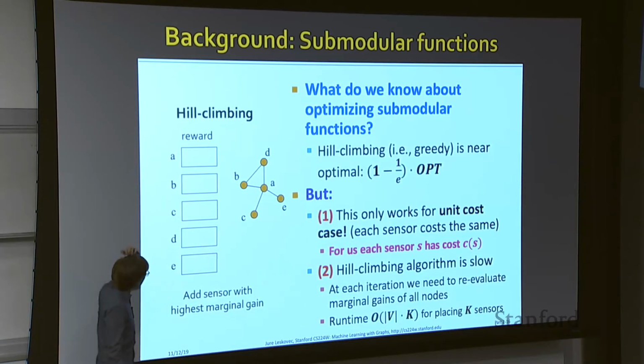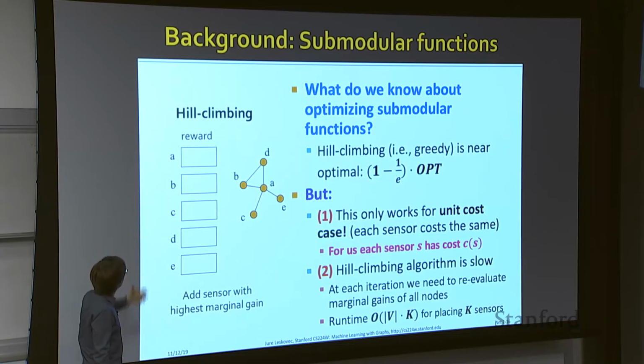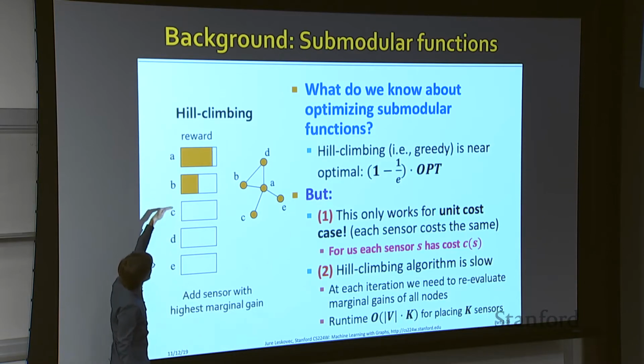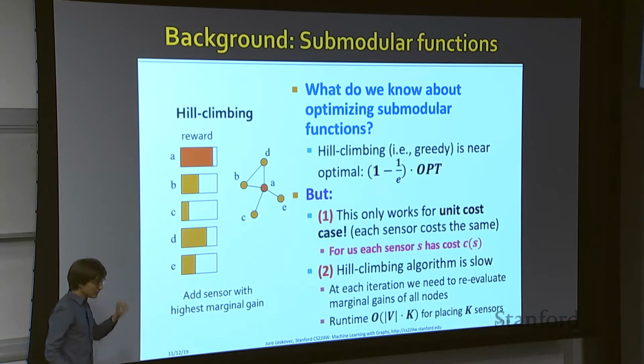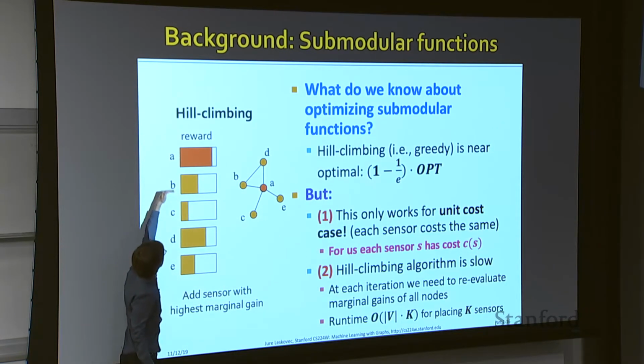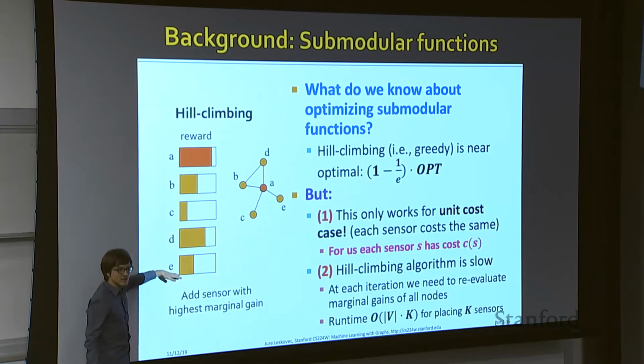If I have a network and I want to decide the placement, first I need to say, what's the first sensor to put, and I evaluate the benefit, the penalty reduction, for every sensor, and I pick the best one and place it. Now in the second iteration, I have to go and reevaluate every remaining sensor, right?